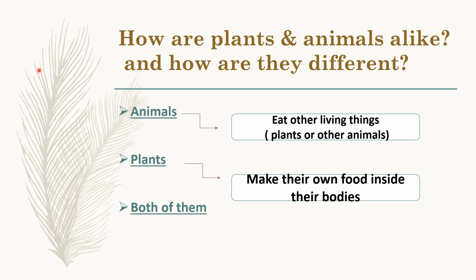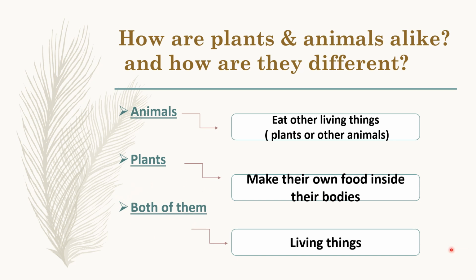Okay, and they are alike as both of them are, of course, living things. How are they different? Animals eat other living things, even plants or animals, and plants make their own food inside their bodies, inside the leaves. Right?